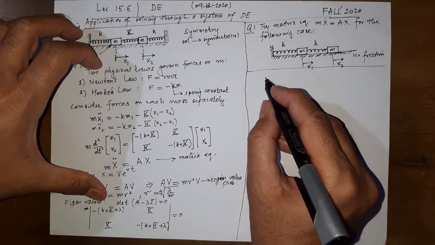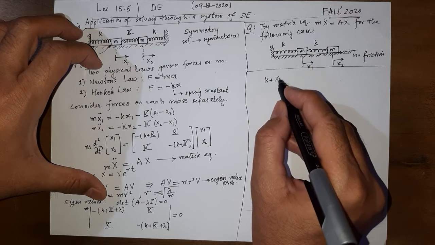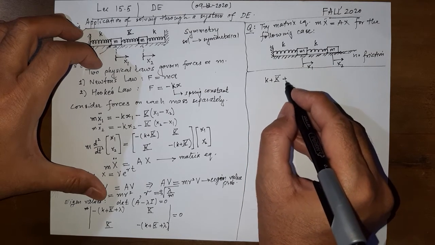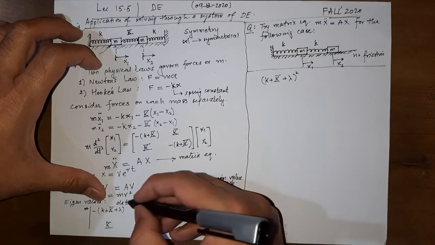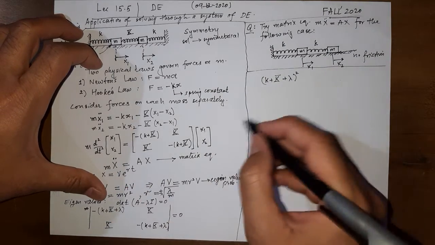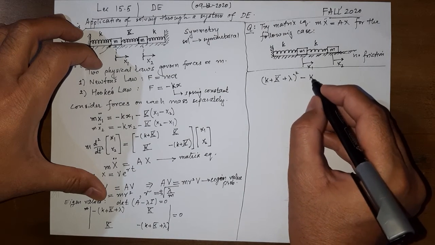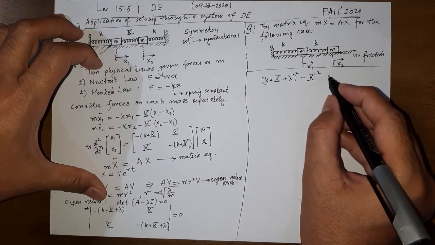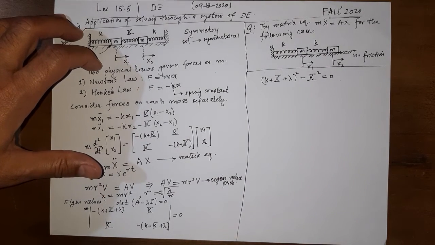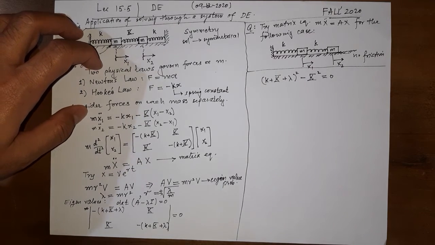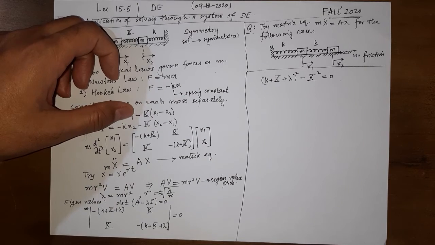So we get k plus capital K plus lambda, whole square, because the negative signs cancel, minus k square, equal to 0.